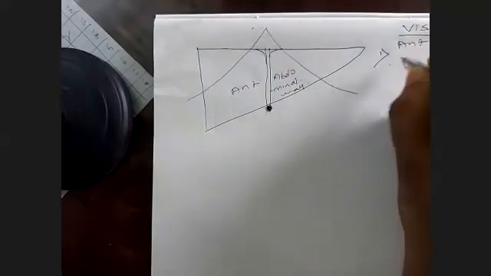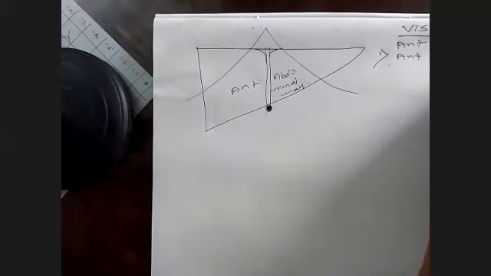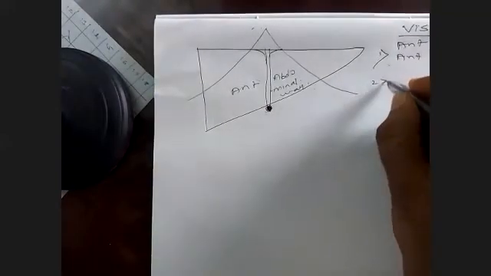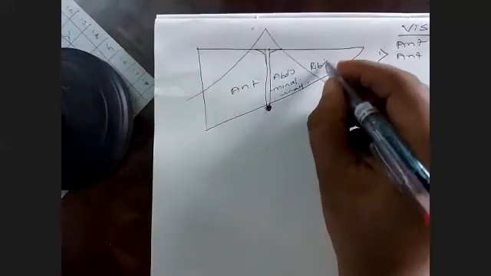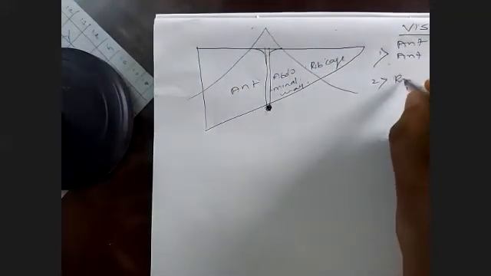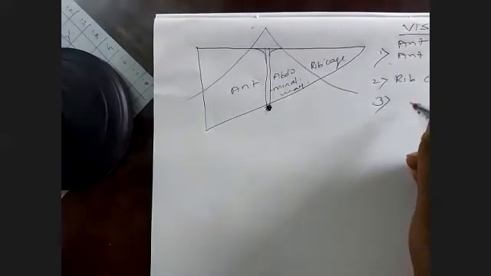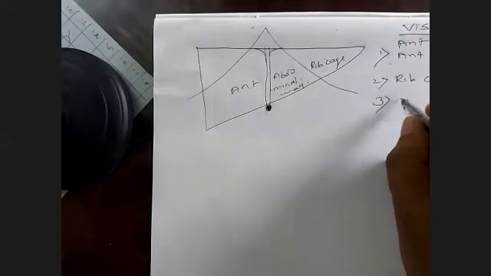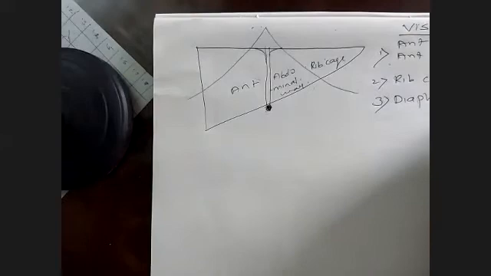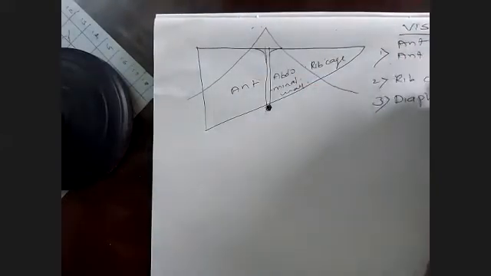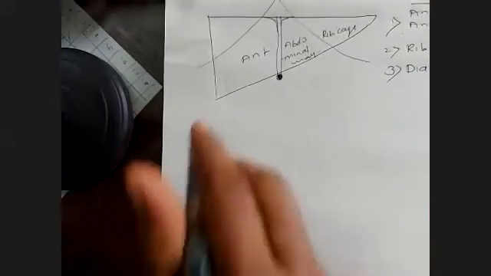One, anterior abdominal wall. 2, rib cage. And 3 is diaphragm. So we are talking about the visceral relations, anterior surface relations I have spoken with you.